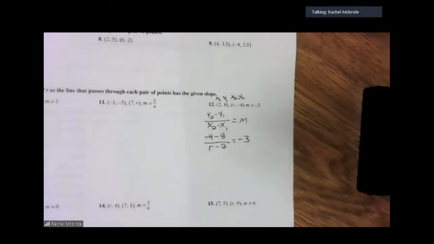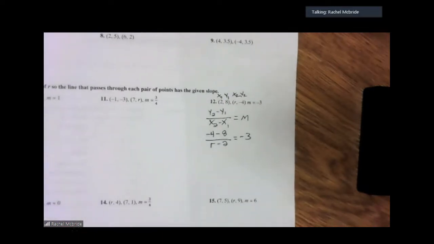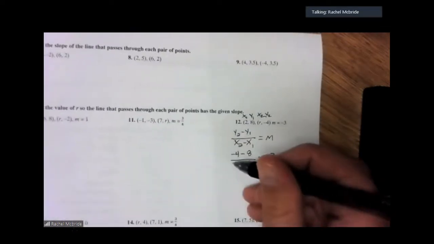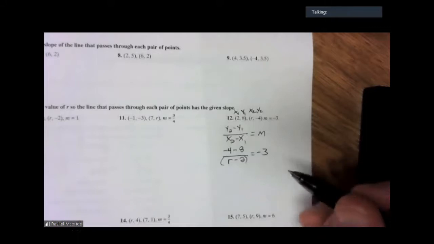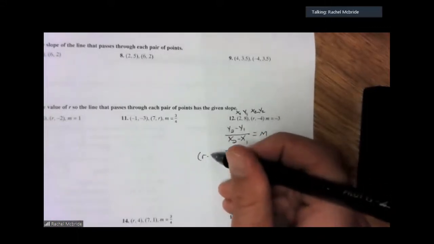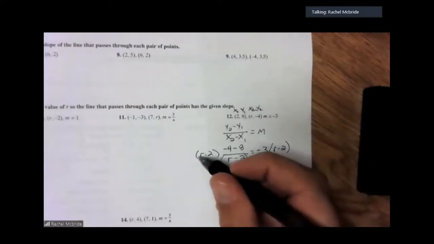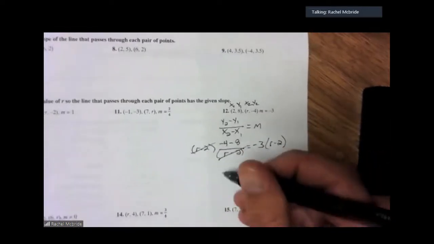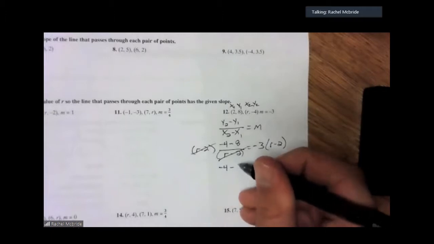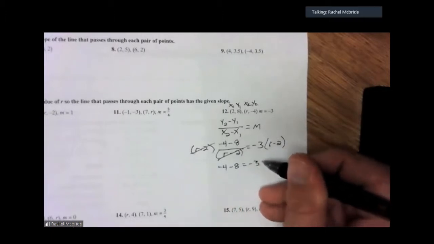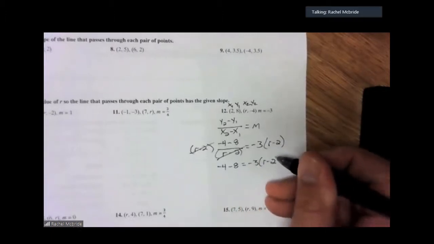I need to then multiply by everything on the bottom. So if I multiply by this parentheses here, I can do r minus 2 and do r minus 2 here. It'll cancel out on this part, and I'll have negative 4 minus 8 equals negative 3 times r minus 2.